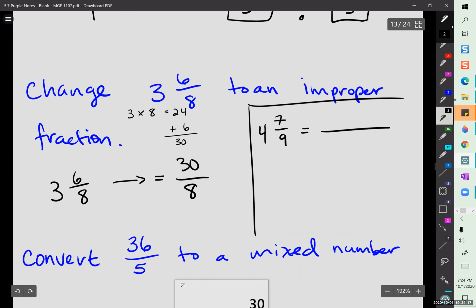Write that as an improper fraction. Correct, Tiffany. That was the exact right answer for the previous problem.